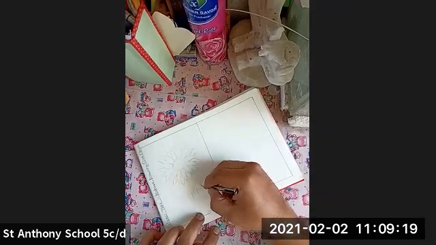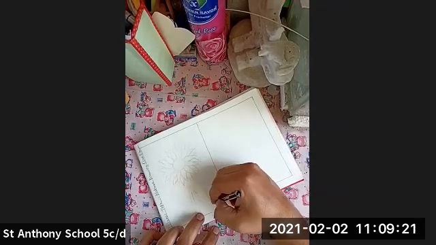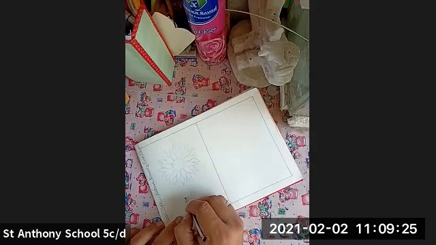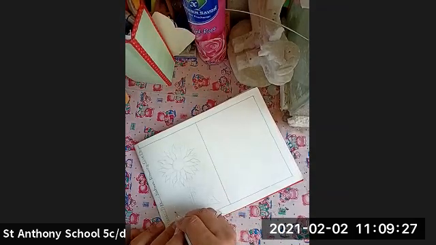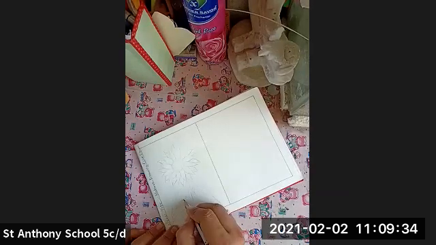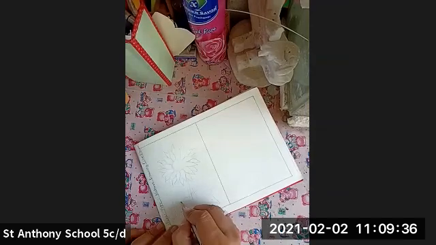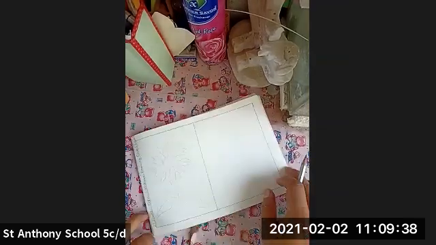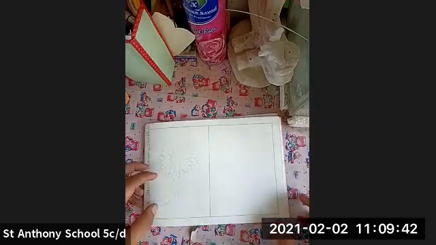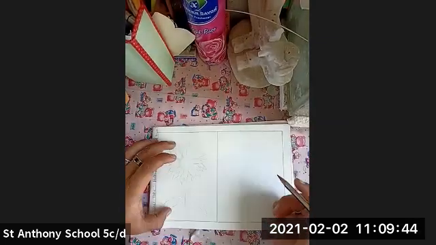The sunflower leaves go in this way, in this way. So here I have drawn the sunflower with a normal pencil sketch.